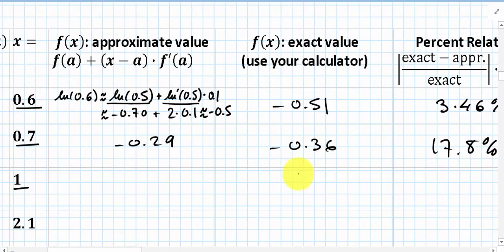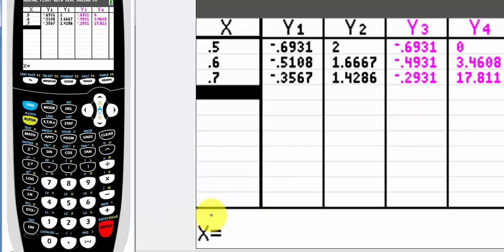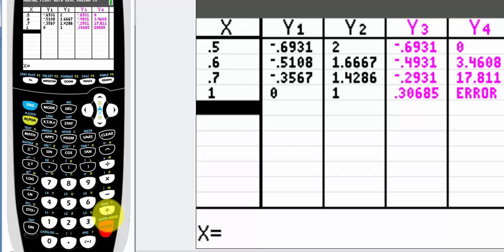Okay, let's look at the value at 1 right here. So again, I'll let you fill out the table here. It's easy, you just copy what's on the calculator. It's kind of cumbersome for me to move screens like that. So at 1, the output of the function, well, ln1 we know it's 0, right? The tangent line approximation would give you a 0.3, and the error, well, it's not defined because ln1 is 0, so you're dividing by 0.